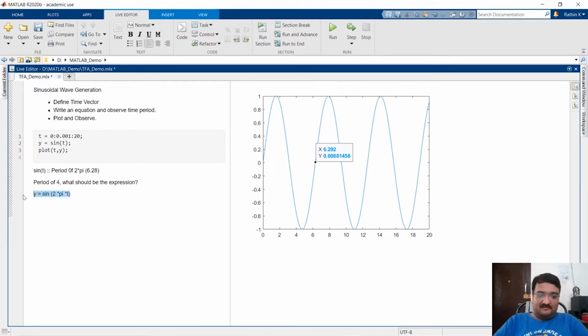Again, I'll repeat: y is equal to sine of t has a period 2 pi. Now I am changing the signal. Y2 is equal to sine of t, I am keeping as it is, just multiplying it by 2 pi.